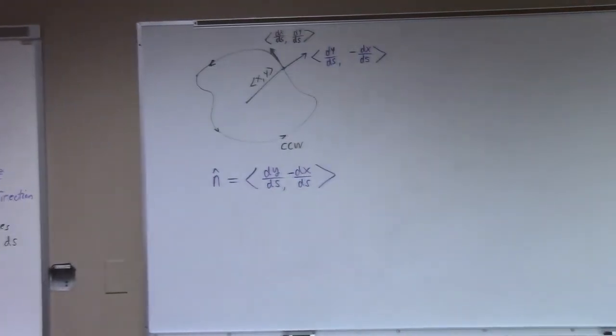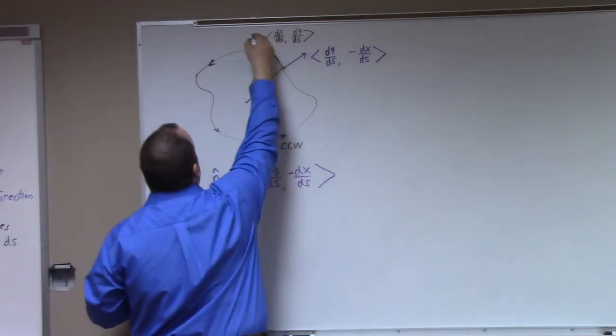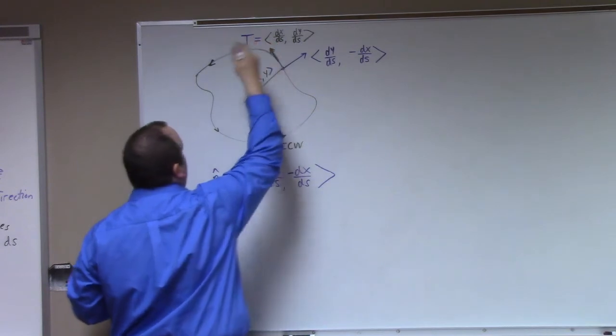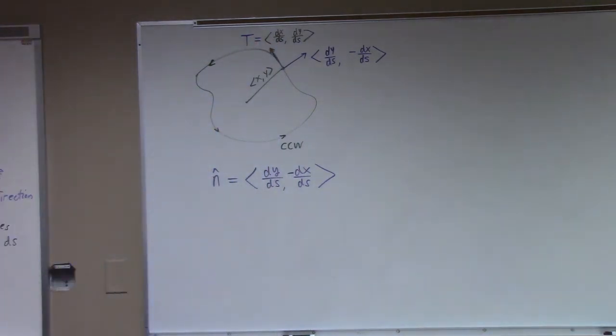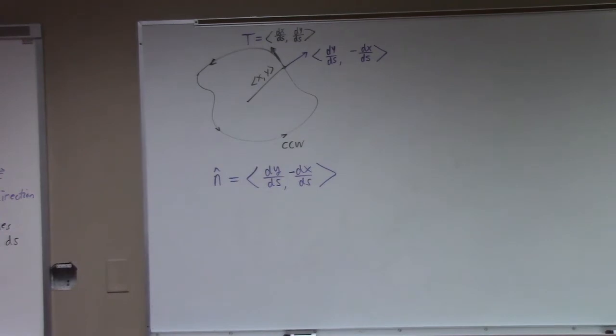What can you say about the unit tangent? Well, I mean, this is T, right? What's the speed if we use arc length parameterization? The speed is 1, right? It's a unit speed. So the unit tangent is the velocity vector. So anyway, I can be sure that that's a length 1 vector.